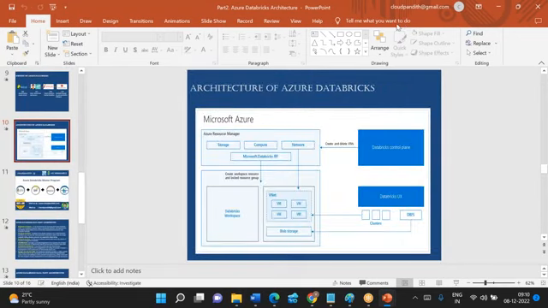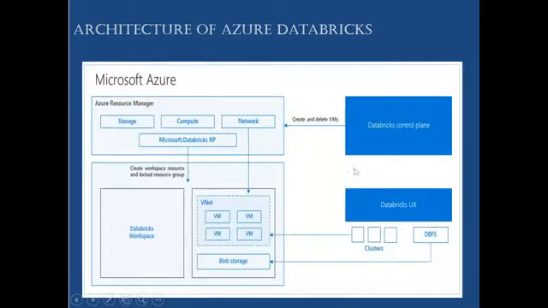Here you have mentioned one Microsoft Databricks RP. What is this RP, sir? This is the Microsoft Azure Resource Manager internal process. We need not worry about it. It is an internal process launched by Databricks for handling some background processes. Okay, sir. Thank you, sir.